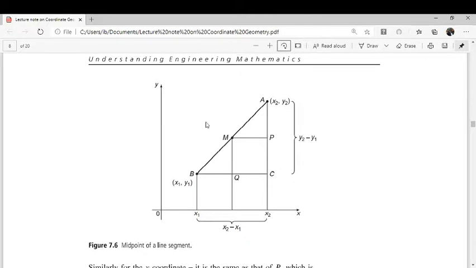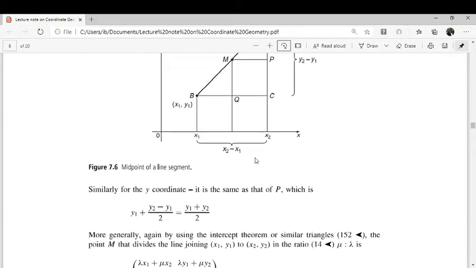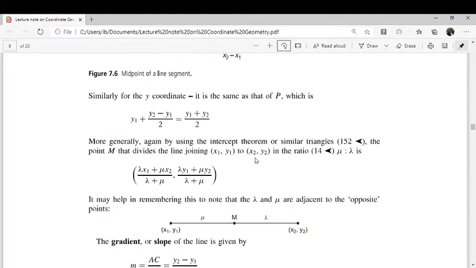That's to say that the coordinate of this is x1 plus x2 divided by 2. To get the coordinate of y here is y1 plus y2 divided by 2. So this is just the simple way it is being gotten.